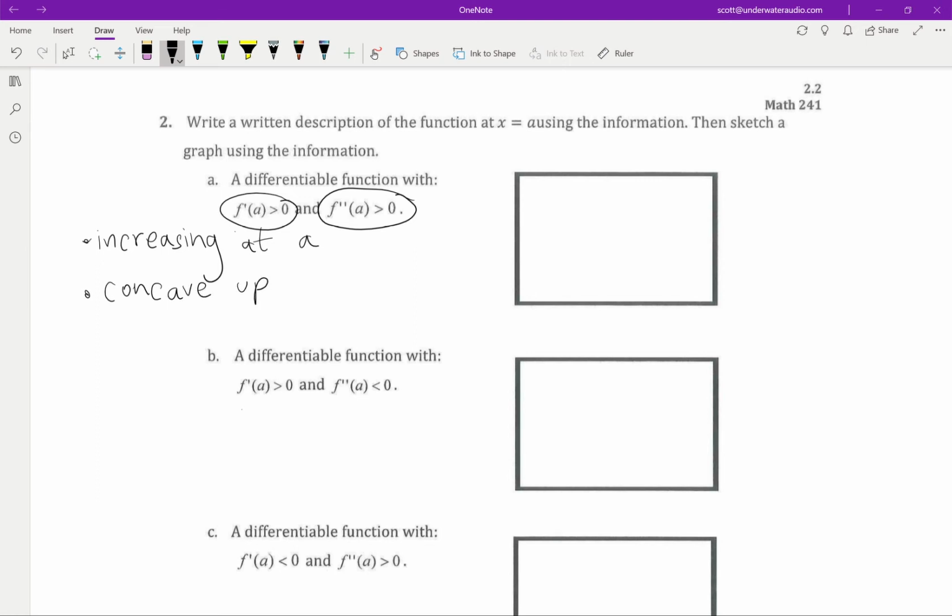So what I do for this kind of problem, because I think concavity is more confusing than slope, I'll start by drawing something that's concave up, and then I'll narrow it down. So I'm supposed to make sure that it's increasing at A. So over on this side, I'd say it's increasing. So we'll make an x-axis here, y-axis here, and then we'll put x equals A right there. So it is concave up and it's increasing at that point.